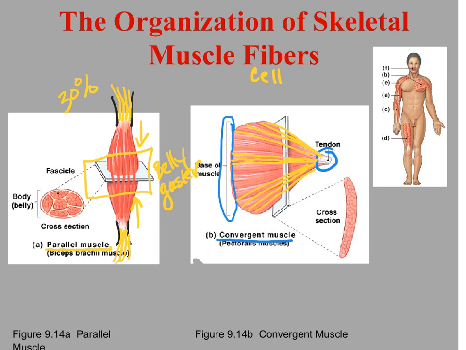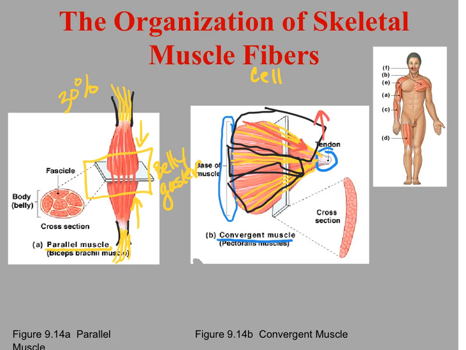So this type of muscle fiber arrangement doesn't allow for a great range of movement, but it allows for diversity of movement. So when these fibers contract, different parts of the muscle can create pull in different directions. So for instance, when these fibers up here contract, this part of the muscle gets shorter and lifts the rest of the muscle up.